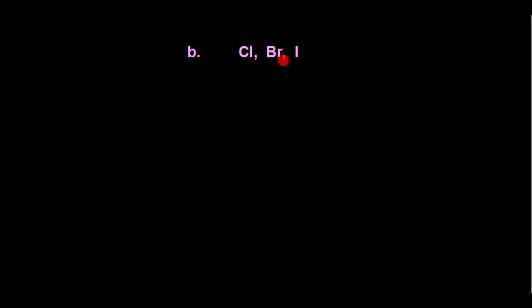So the decreasing order of shielding effect for these elements, which are the members of group 7A, will be: iodine, bromine, chlorine. The shielding effect of chlorine is lesser, then the shielding effect of bromine, then the shielding effect of iodine.